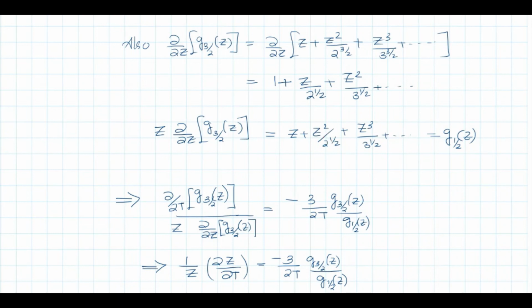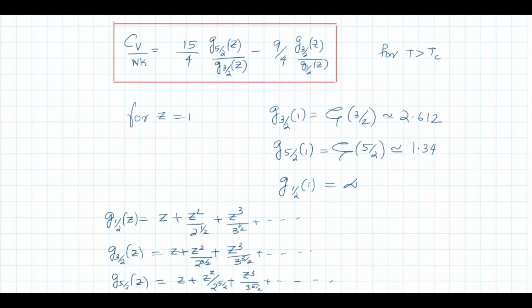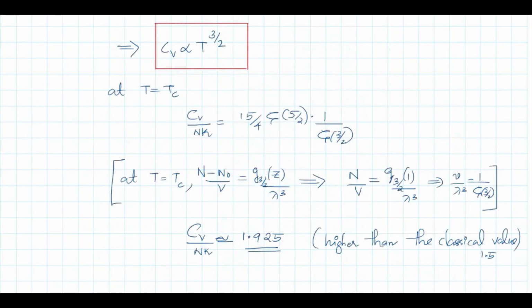But if the denominator is like 2^{3/2}, 3^{3/2}, etc., that is for g_{3/2}(z), for z equal to 1, it is finite. But for g_{1/2}(z), it will diverge. So g_{1/2}(z) is infinity, so this term will vanish. The equation will be 15/4 into 2.612 divided by 1.34, and that is exactly 1.925.